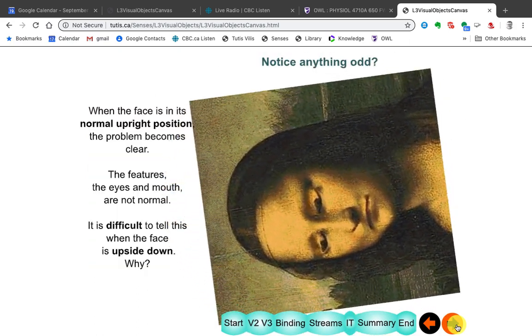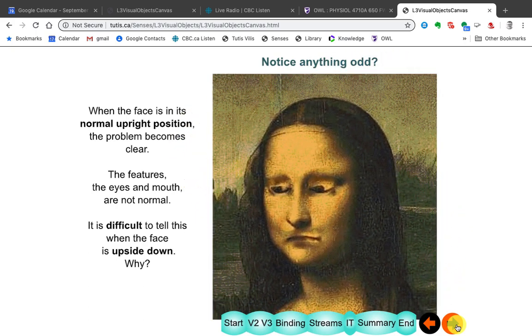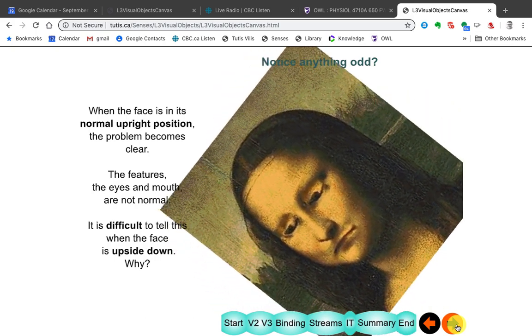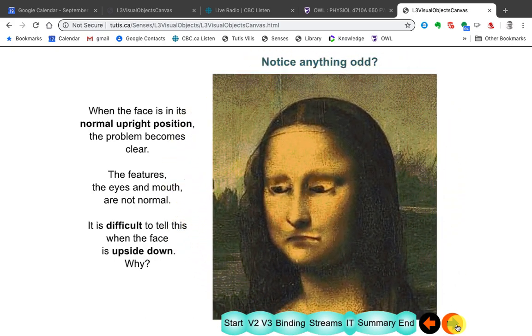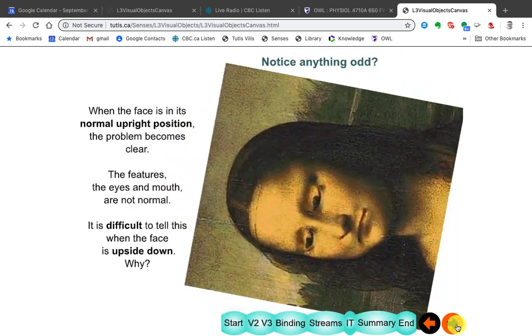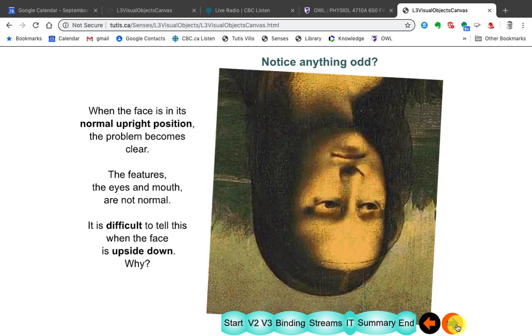And for that reason, it takes some time to become an artist, because the ventral stream is trying to figure out what the object is. And so that window, it knows, is a rectangle.